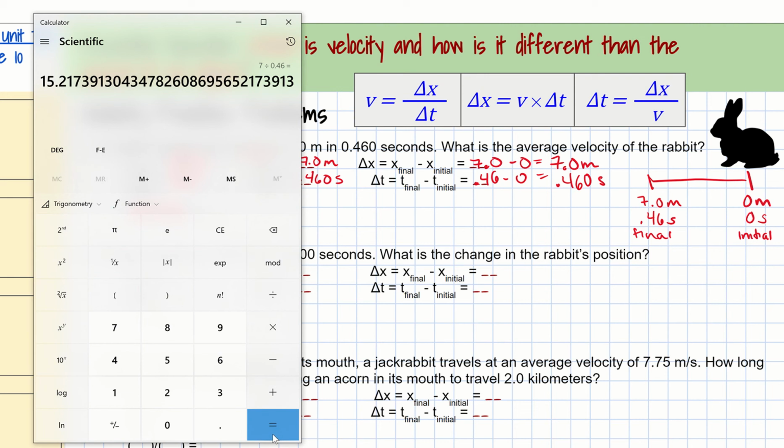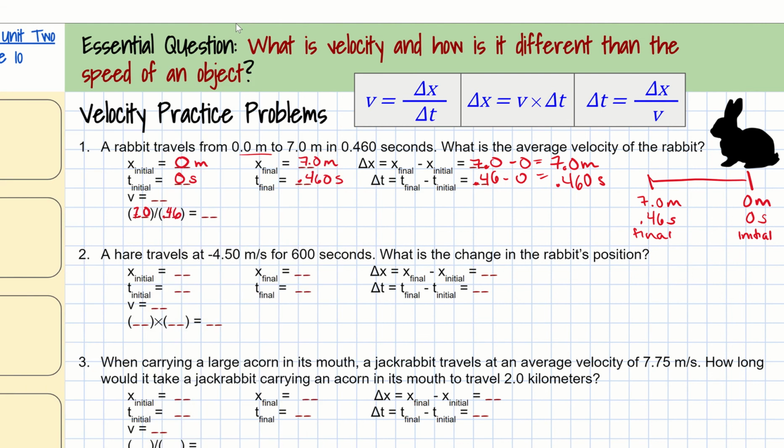A correct answer for this class would be 15 meters per second, or 15.2 meters per second if you wanted to round to 1 decimal place. We don't need to write anything in here for the velocity, because that's what we were trying to find. That was a question mark initially for our given values. So that's the first problem.